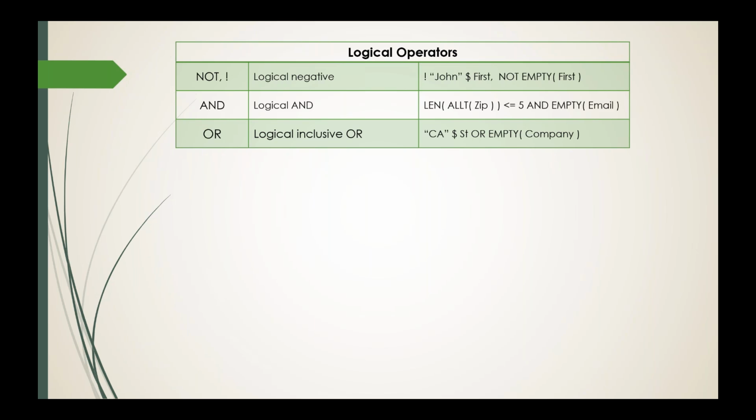So is John found in first? But what our logical operator with that exclamation point is going to do is invert that return. If John is found in first, that would return true, but our logical negative switches that to false. So is John not found in first is basically what that expression is saying.